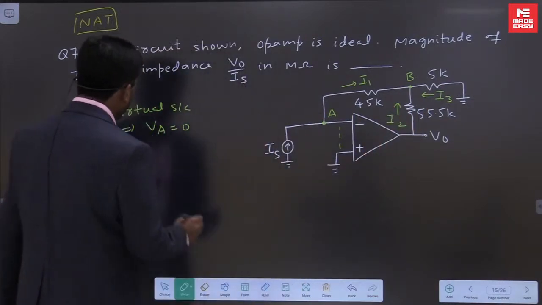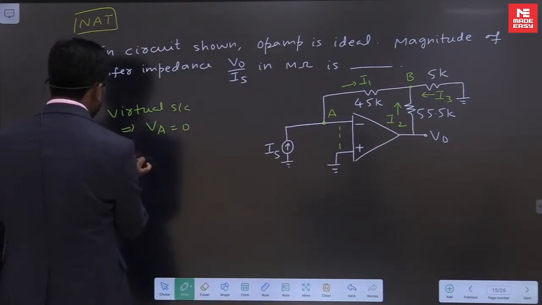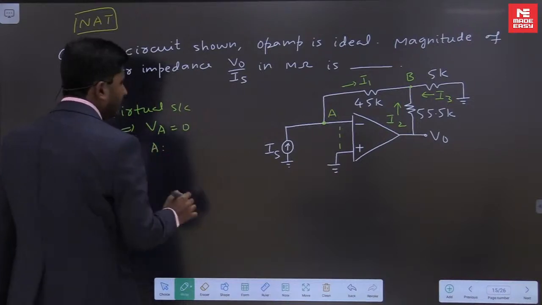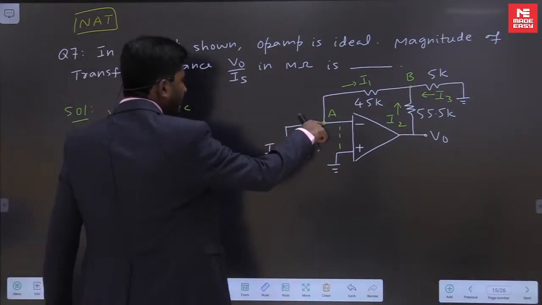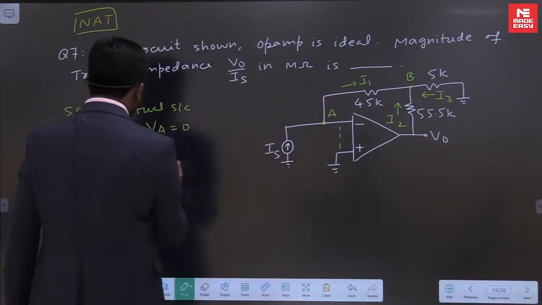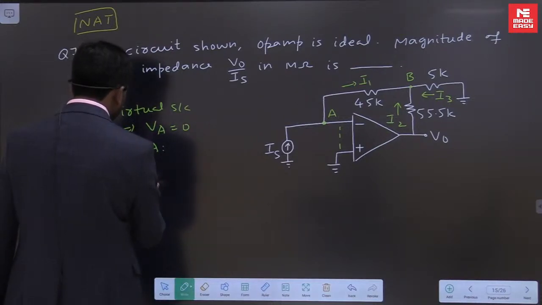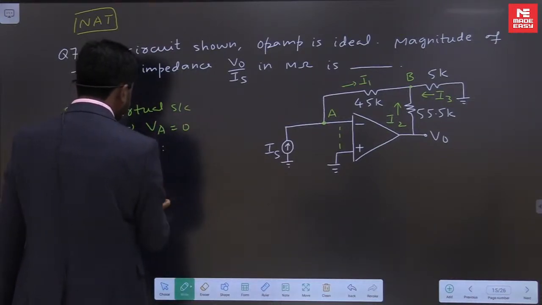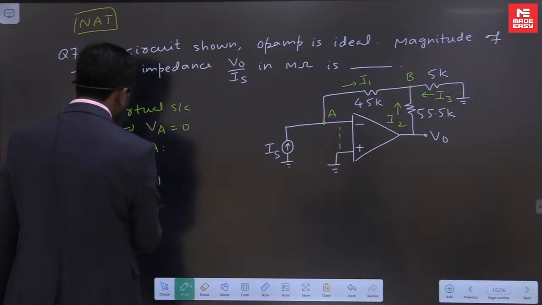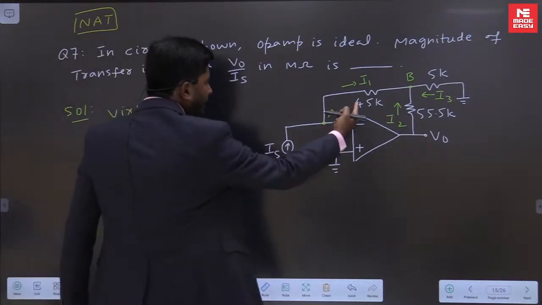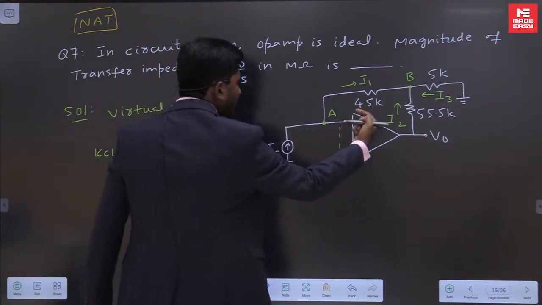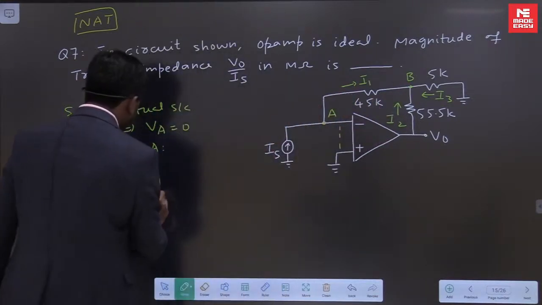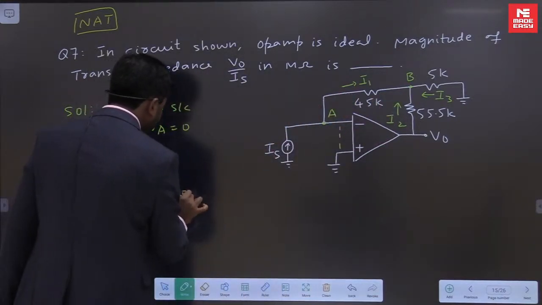First I will apply KCL at node A. I will be getting IS equal to I1, or IS equal to 0 minus VB divided by 45.